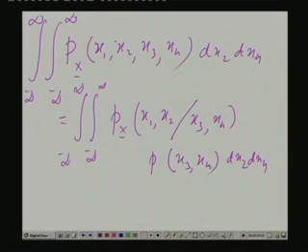Sorry, there will be some change here. Which is x 1, x 3.